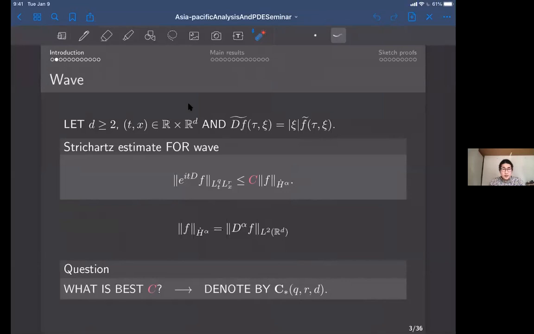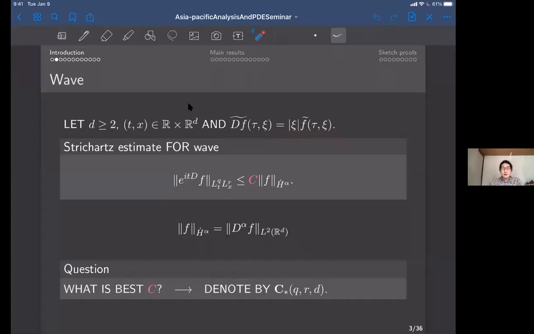Let d denote the spatial dimension greater than or equal to 2, and denote t the time variable and x the space variable. Then we also define this operator D as this.